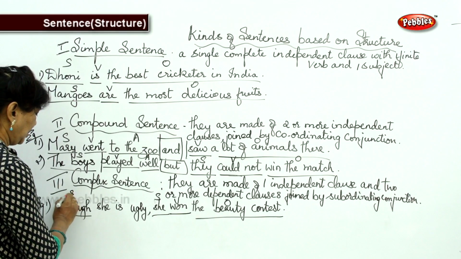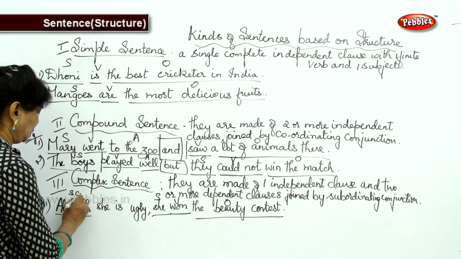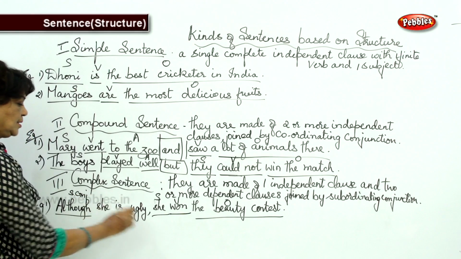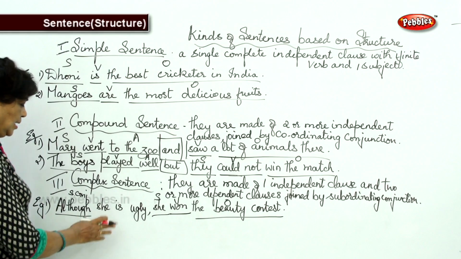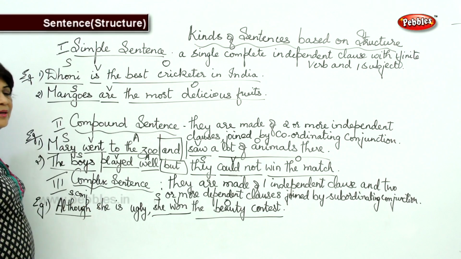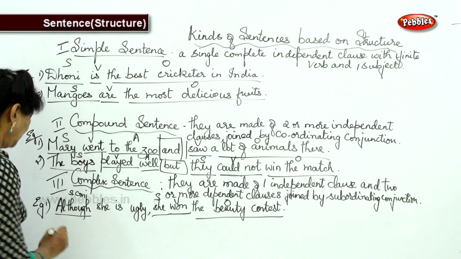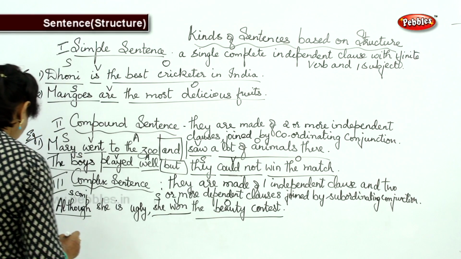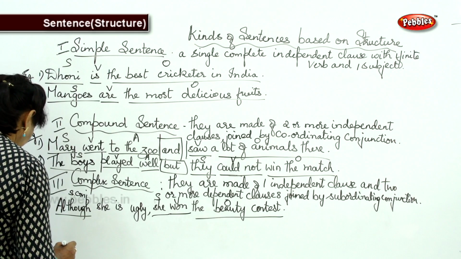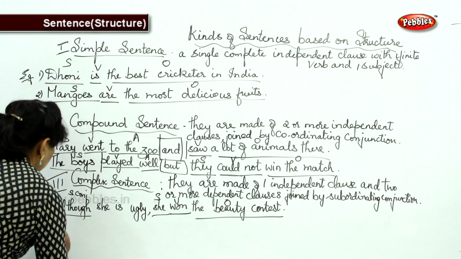Although. Okay, subordinate conjunction. She is ugly is the other part of the sentence and it is connected by the subordinate conjunction. Next, I will give you another example.